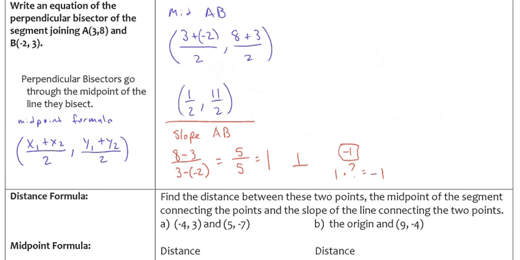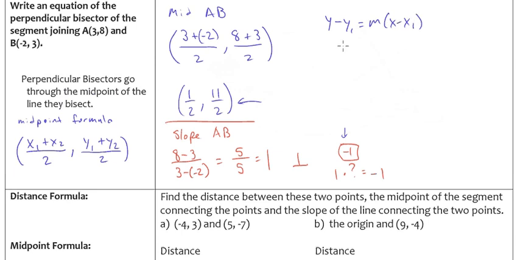All right, and now we can put this all back together. We have a point that it goes through, and we know the slope. So point-slope form is going to be the easiest way to answer this. It doesn't tell us a specific way to answer, so we've got our option. Let's go ahead and find it. So we've got y minus y1 equals the slope times (x minus x1).